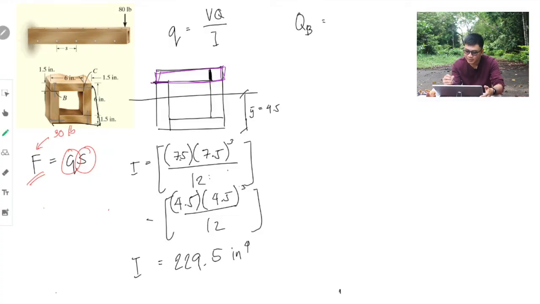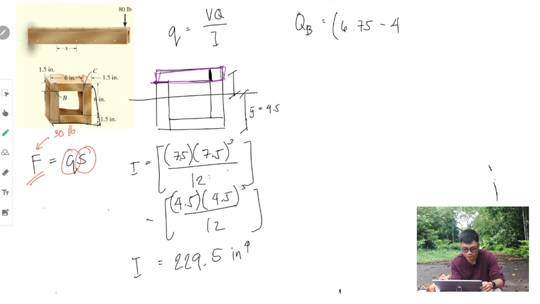Okay, let's solve for QB. So that is y, which is from here to here, that is 6.75 minus 4.5.